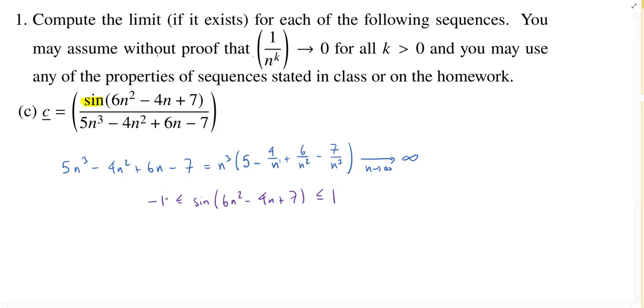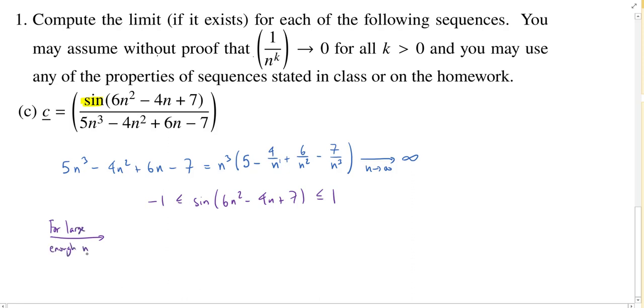And once I get this n to be big enough, I know that this polynomial is blowing up to infinity, and so it's not going to change sign. So for large enough n, I can multiply through by 1 over this polynomial, and it's not going to change the signs any.